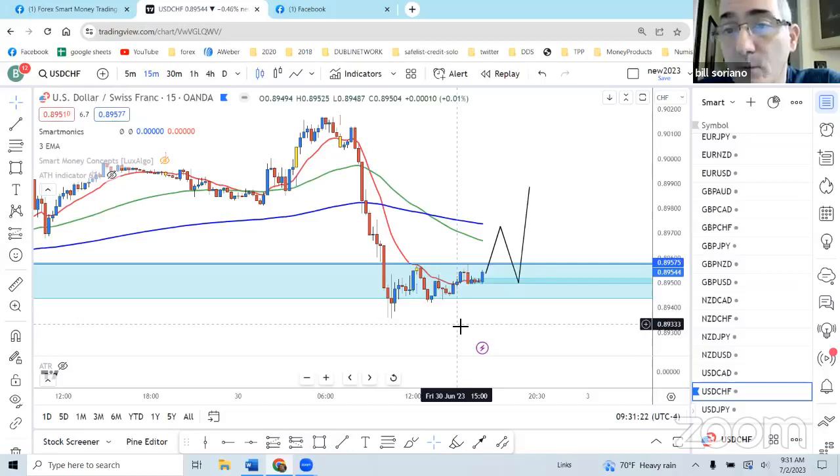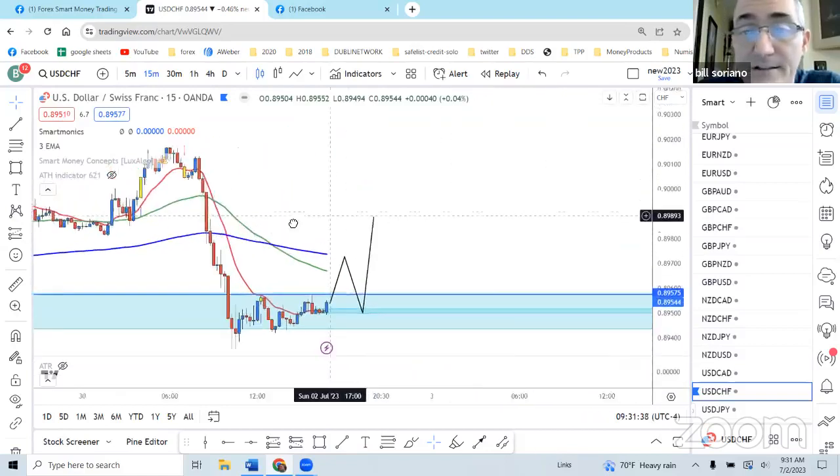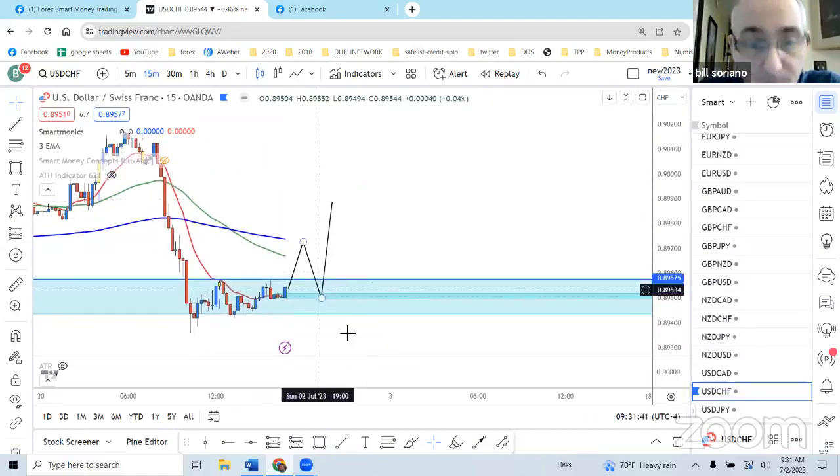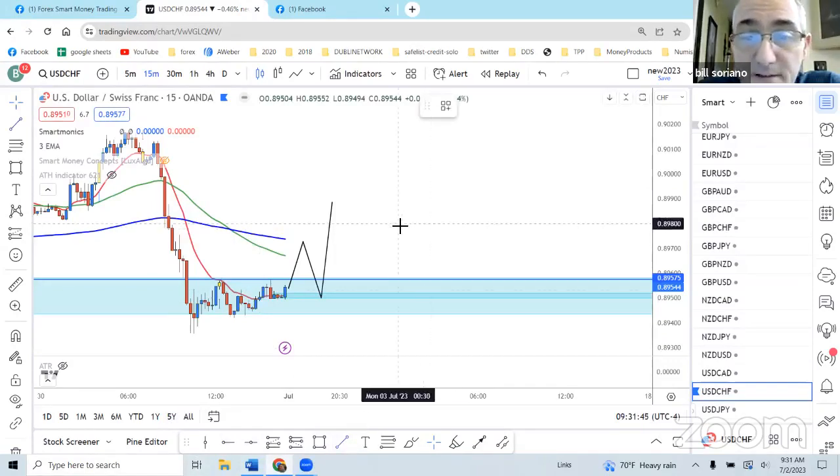We wait for price to hit our 4-hour point of interest, then we drop down to the 15-minute to find our entry model. And the entry model, the best entry model to use obviously is the lower time frame flip or the choke, right? And essentially, just to show you real fast here, here's what you're looking for. You're looking for price to move down and hit your point of interest.